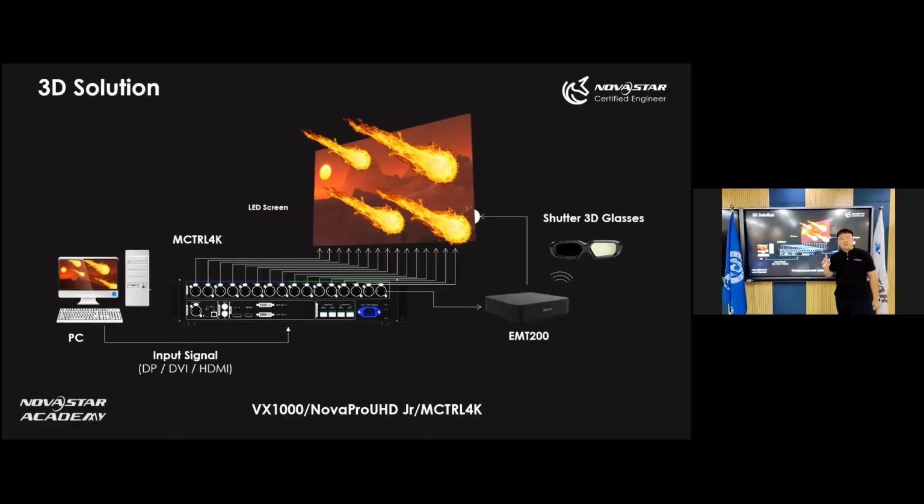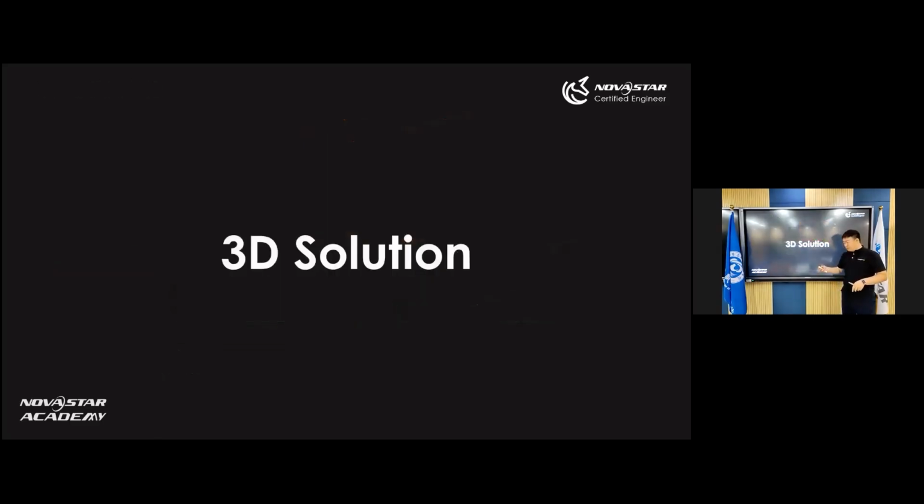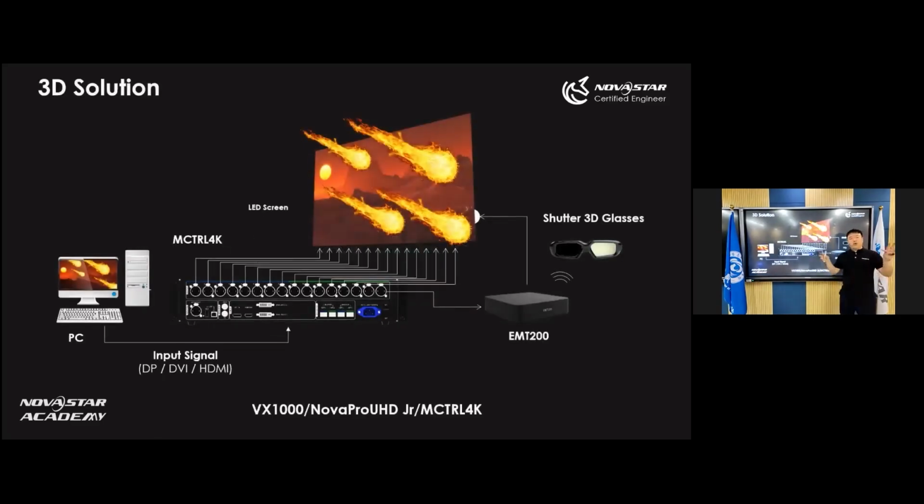And here is also very important for the 3D project. It's not about the video source color depth. It's about the frame rate of the whole system. The 3D is just like a left eye video source and a right eye video source. They will be overlapped together.